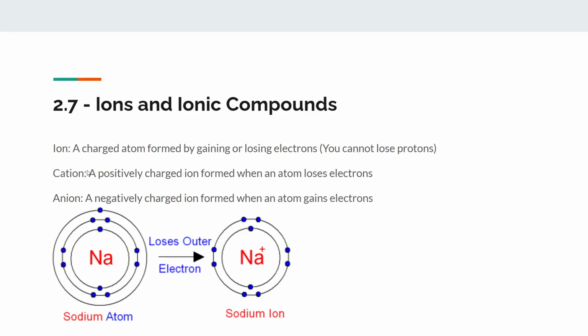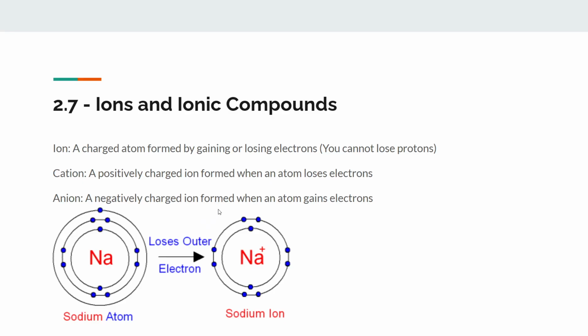A cation is a positively charged ion formed when an atom loses electrons. So electrons have a negative charge, so once you remove that negative charge, you'll gain a positive charge. As we see here, the sodium atom goes to a positive sodium ion because it loses this negative thing. An anion is the opposite.